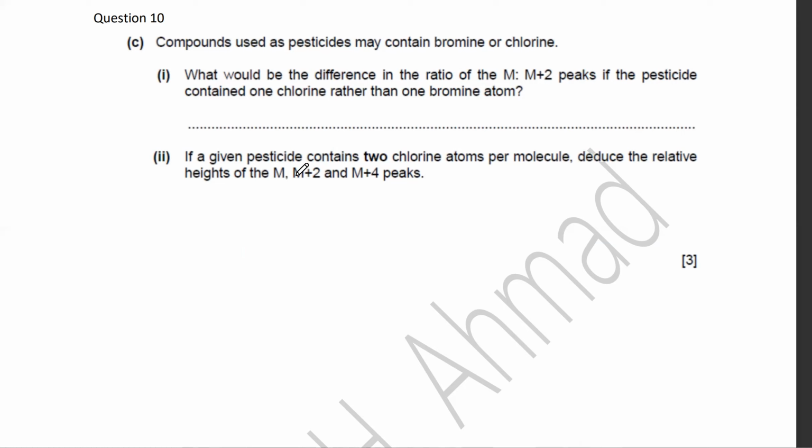Okay, so M आएगा जब दोनों chlorines कौन से होंगे, 35 and 35, right? Sorry, not 13. It's going to be 35 and 35, right? So कितना बनेगा? It's going to be 3/4 into, and it would be 9/16.